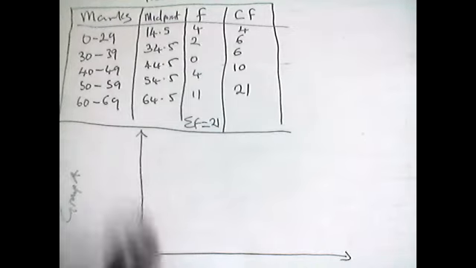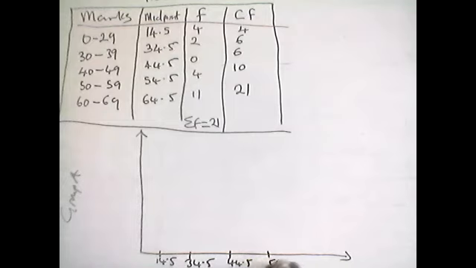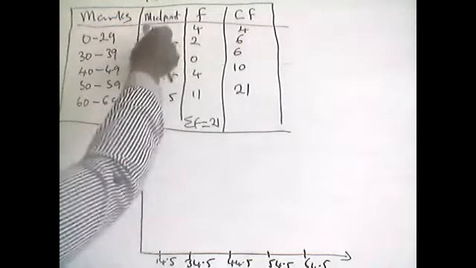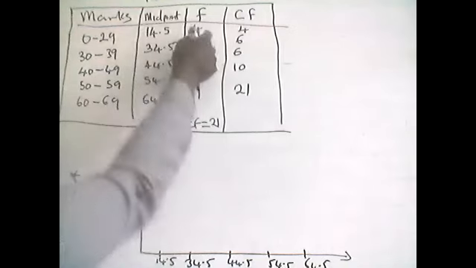Group A students. So I'll start with the first part here, which is 14.5, the midpoint. I'm considering the midpoint, 34.5, and we also have 44.5, 54.5, and 64.5. So you plot this against frequency. So it's up to you.